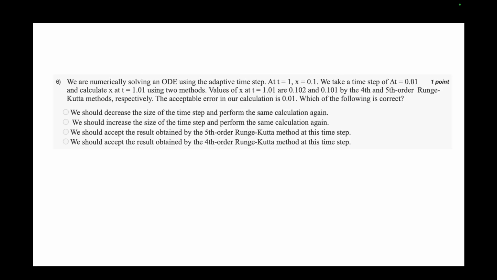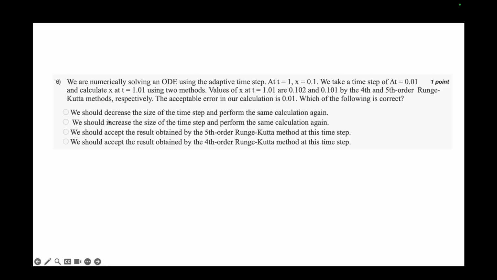So in the x-axis, the amount of change that you are taking is the maximum amount of error allowed between the two values of x. The difference between the two values of x is 0.001, which is lesser than the time step taken, which is 0.01, which basically means your time step is small enough, and so you should accept the result obtained by the better method, that is the fifth order Runge-Kutta step.